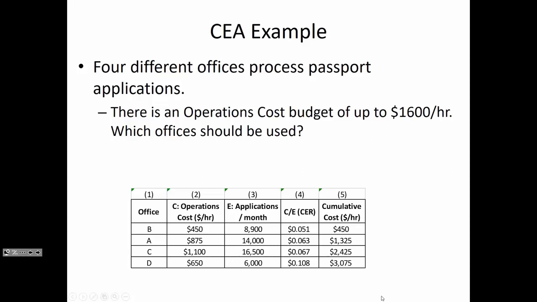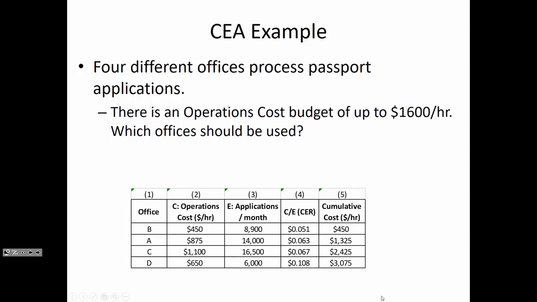And now this final column 5 is the cumulative cost. Remember, we have to keep in mind the $1,600 per hour, and so if we're only choosing option B, then we're spending $450 per hour. But then if we also are funding Office A, the total cumulative cost would be the cost of Office B and the cost of Office A together, which is $1,325.